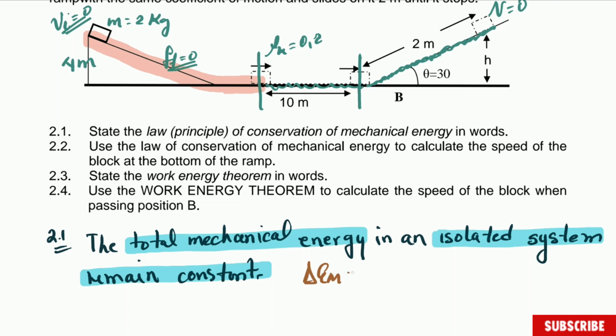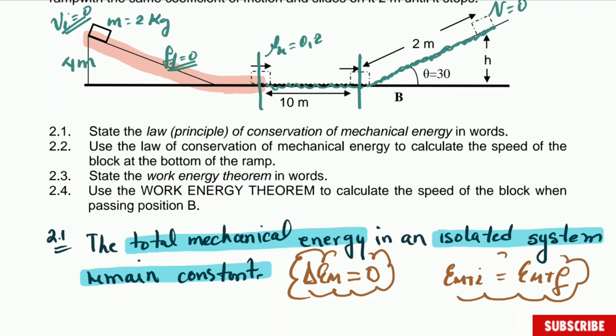Therefore, the change in mechanical energy is equal to 0. This could actually be the starting point. In other words, the total mechanical energy initial is equal to the total mechanical energy final. This is in symbols the law of conservation of mechanical energy, guys. It is quite important. It is going to be in the exam, so please try to learn it.